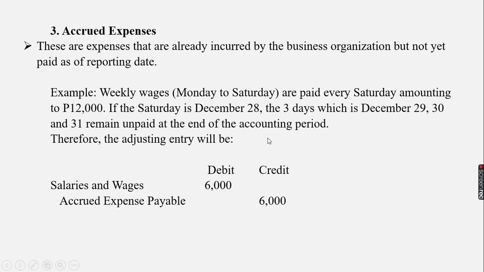So, therefore, ang adjusting entry mo is salaries and wages, 6,000, and the accrued expense payable mo is 6,000. So, yun yung entry mo. Kasi, bakit siya 6,000? 12,000 divide by 4.